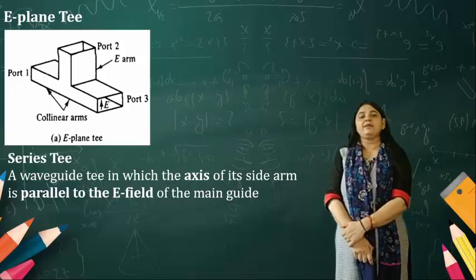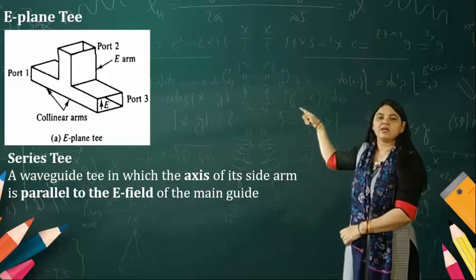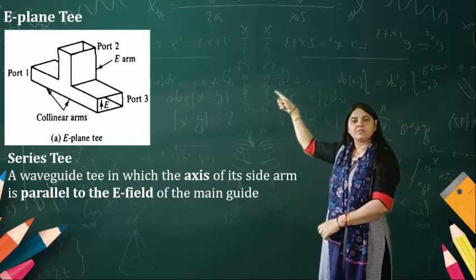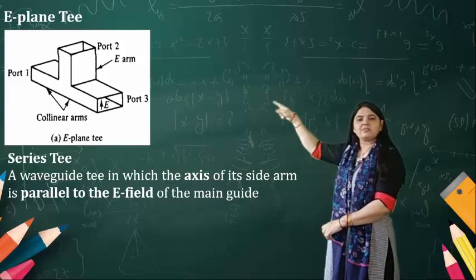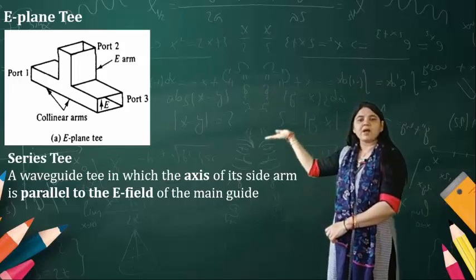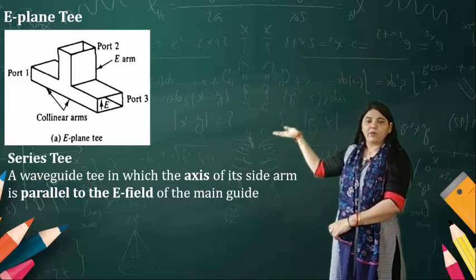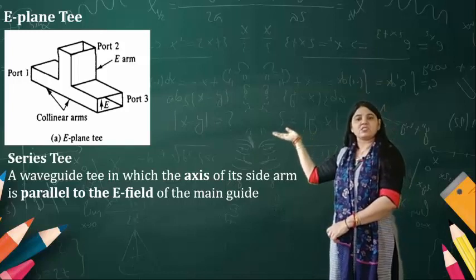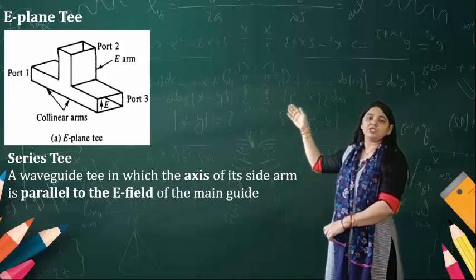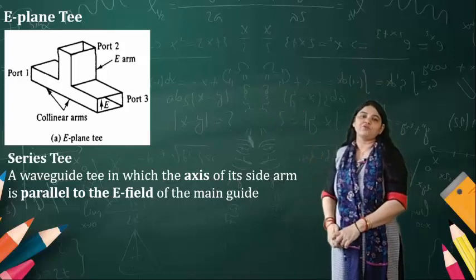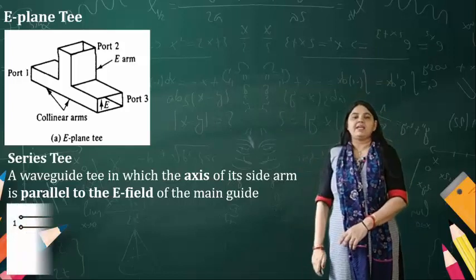A waveguide T in which the axis of the side arm is parallel to the E field of the main guide. You can see over here that wherever the E arm is written, this is known as the side arm, and this is my collinear arm.